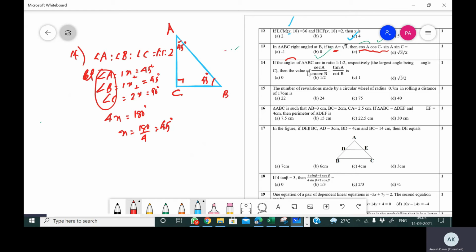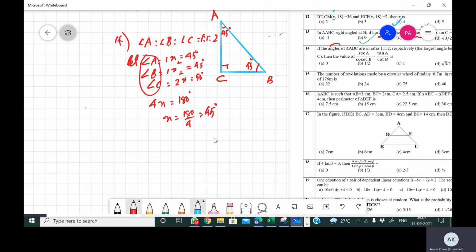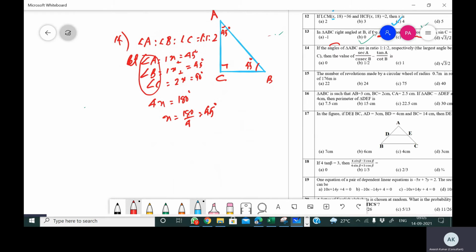After this, we can find sec A by cosec B minus tan A by cot B. We know A and B both are 45, so we can replace A and B with 45 degrees. Sec 45 by cosec 45 minus tan 45 by cot 45.